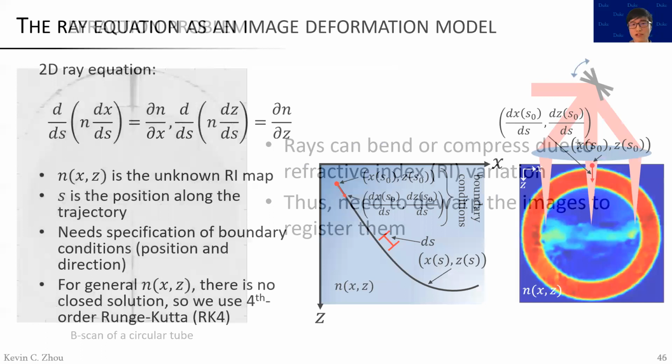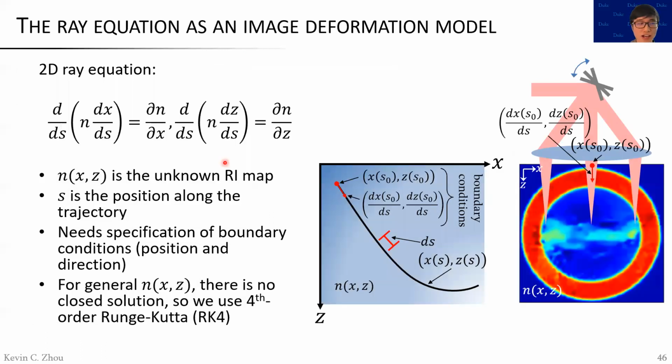To do this, we use the ray equation as our forward model, which is basically the wave equation taken to the geometric optics limit. The ray equation describes how a ray will propagate through some spatially inhomogeneous refractive index distribution given the boundary conditions, or in other words, the initial position and direction.